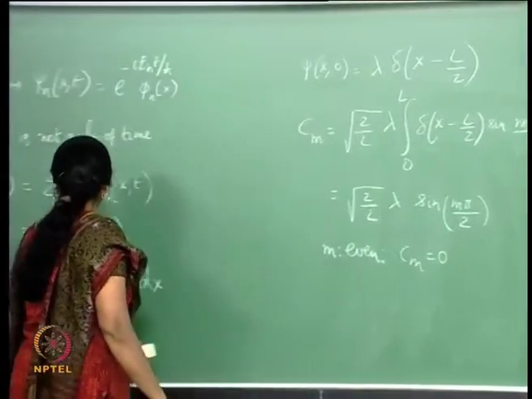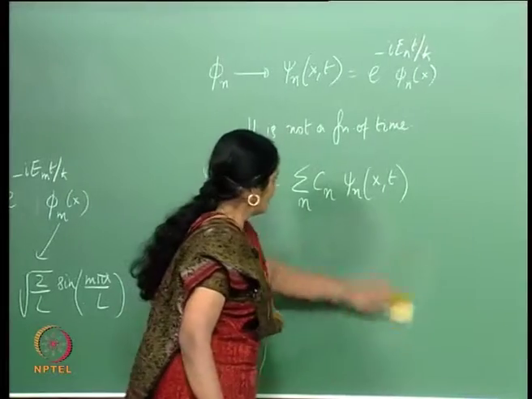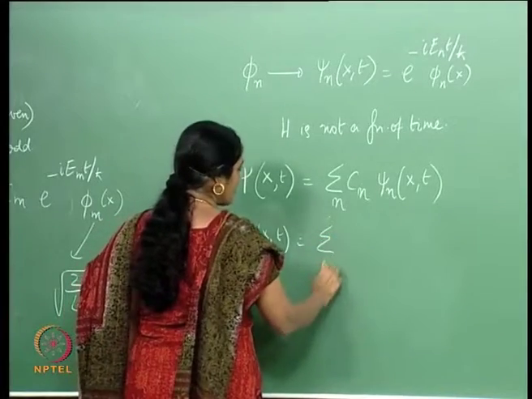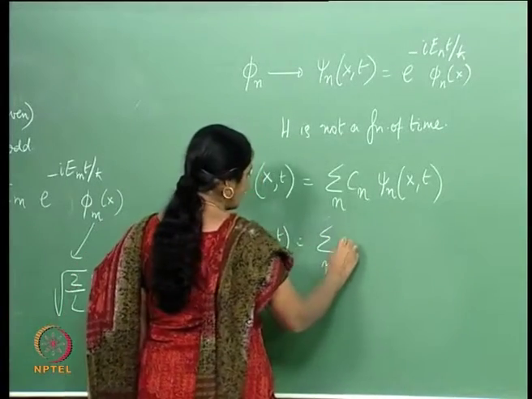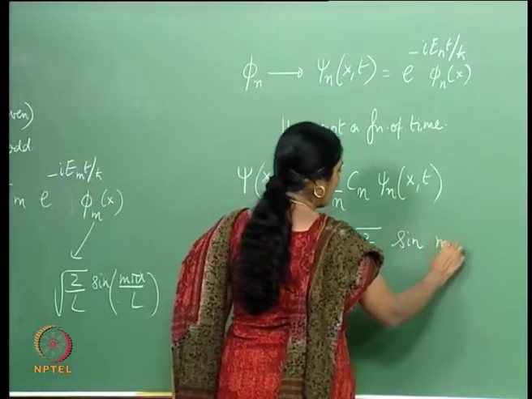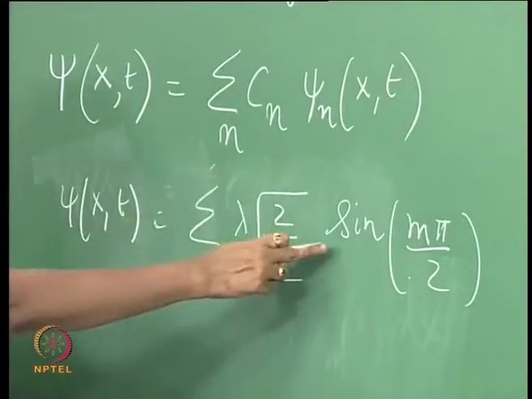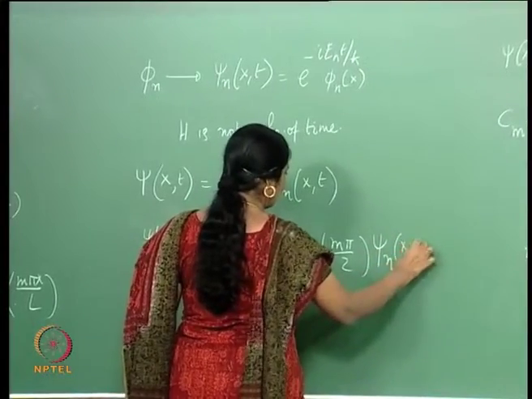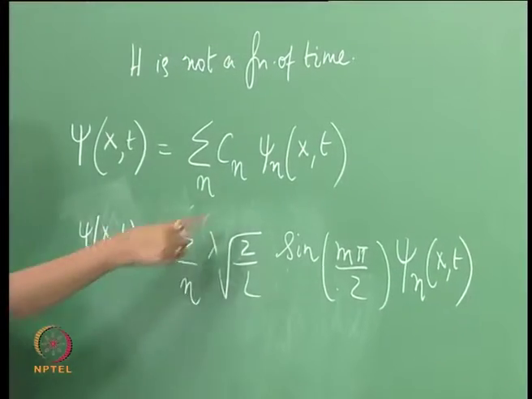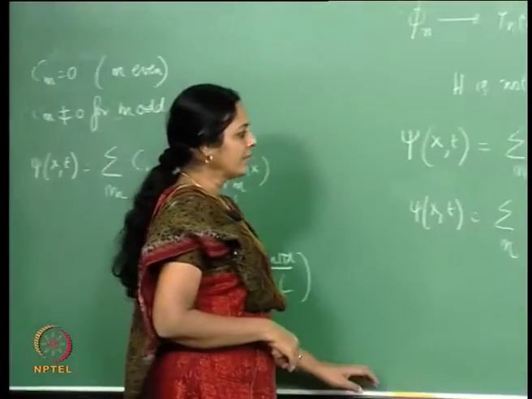So, what does it mean for psi of x,t? Psi of x,t is summation over n Cn, these are constants, sine n pi by 2, and that is as far as Cn is concerned, psi n of x,t, where psi n of x,t is simply e to the minus i E_n t by h cross phi n.